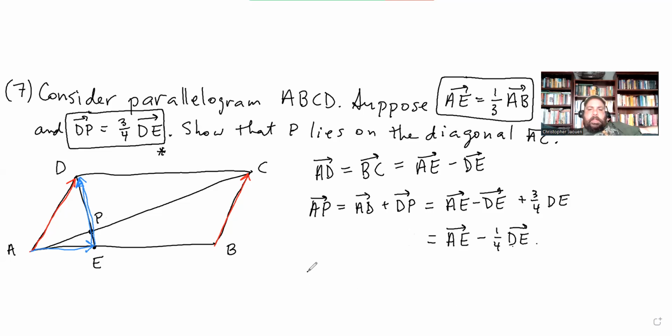And now let's do the same thing with AC. I want to write that in terms of AE and DE. So AC is equal to AB plus BC. And I know that AB is equal to 3 times AE.